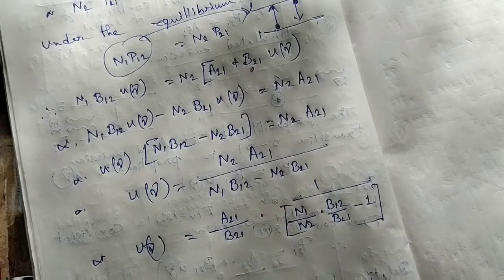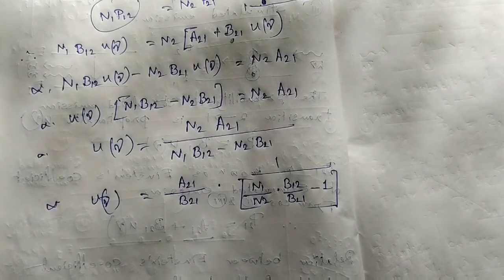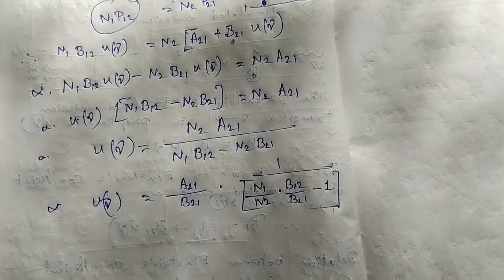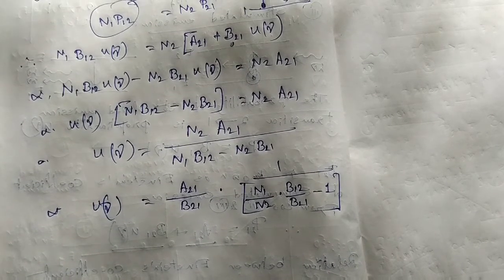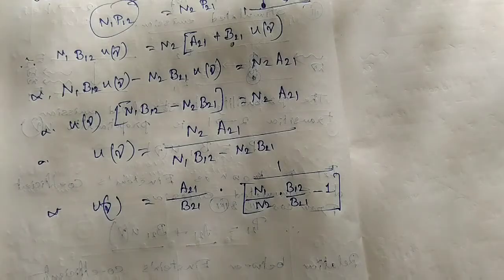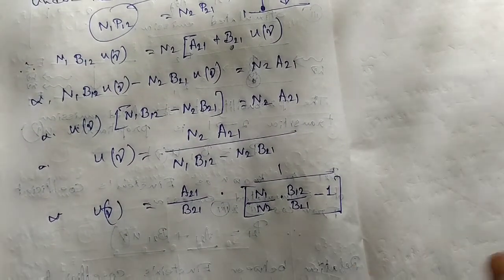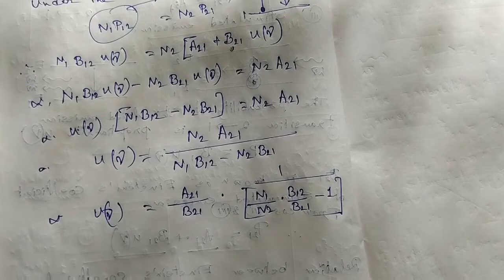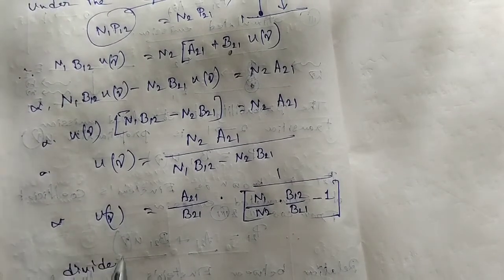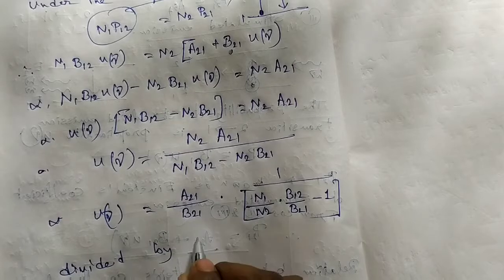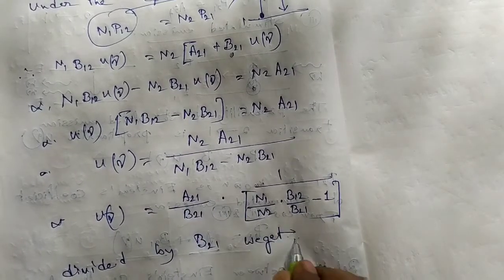We divided the upper term and lower term by N2 B21. Clear? Just divide it by B21 and we get this.